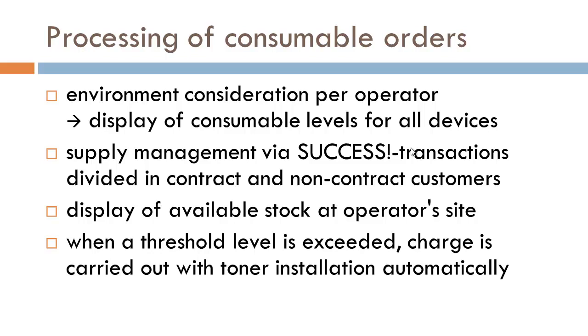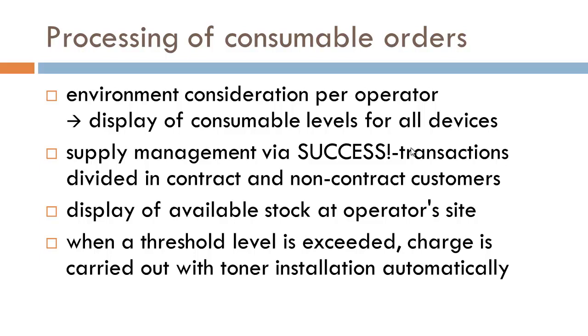Then, if you're delivering something to the customer, we start what we call the stock for the operator. We also have a threshold level included. Yesterday we had 5% toner level in the cartridge, and today FMAudit sends us 100%.